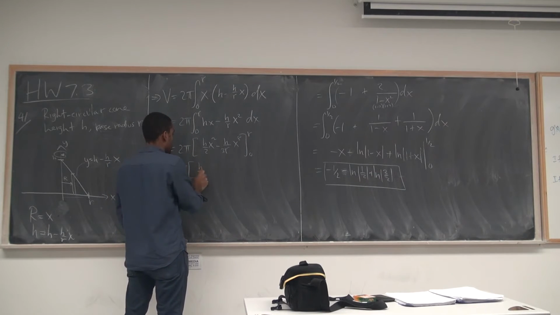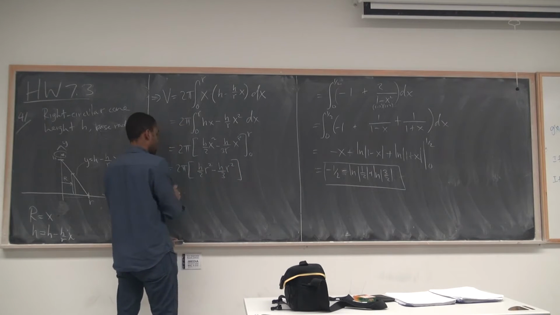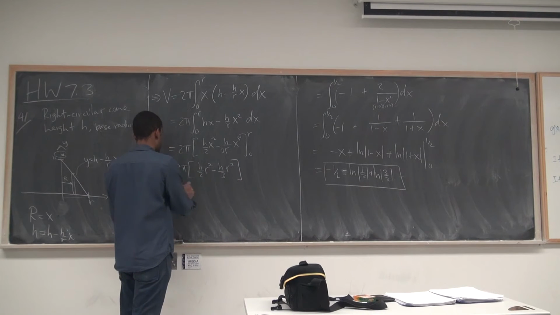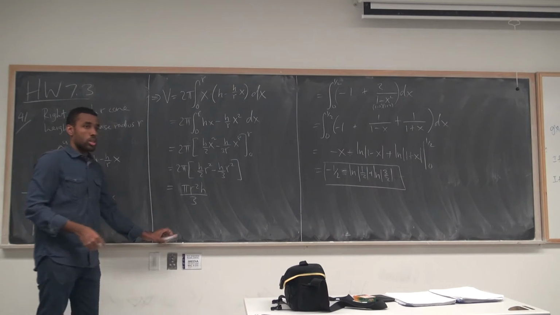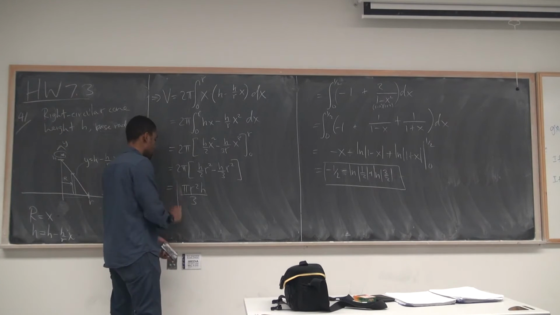So this is h over 2 r squared minus h over 3 r squared. So that just becomes 2 pi r squared h over 6, right? So then that just becomes 1/3 pi r squared h, which you remember from algebra is the volume of a cone.